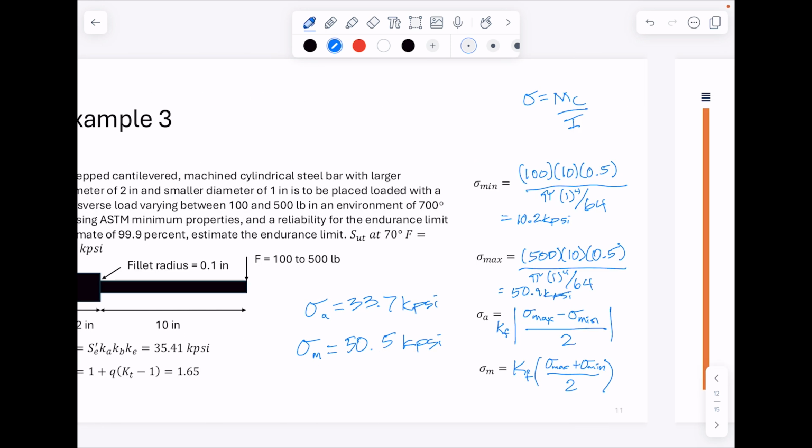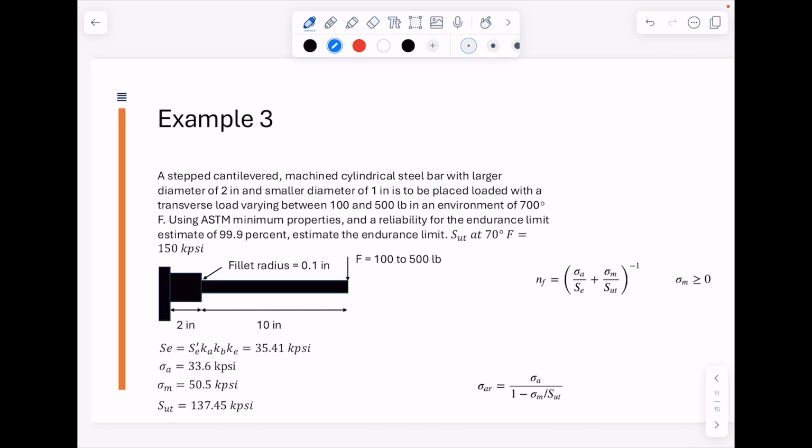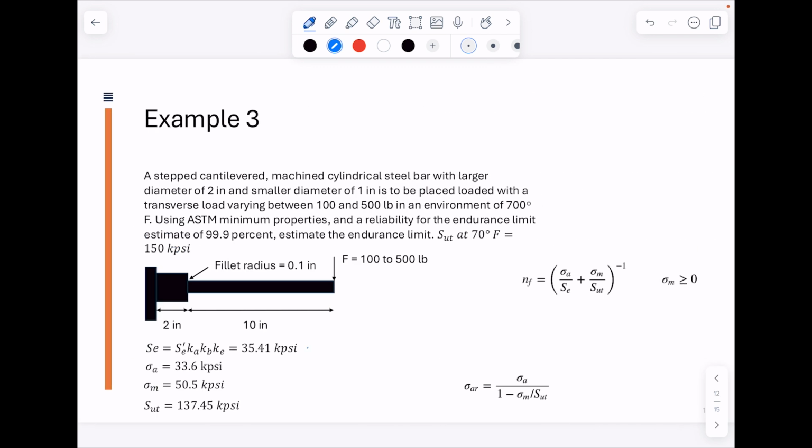Okay, so now we will have all the values we need to look at our Goodman criterion. So we have our endurance strength, we have our alternating stress, our mean stress, and our ultimate strength.